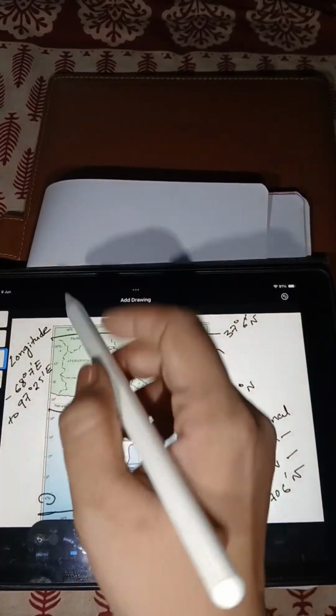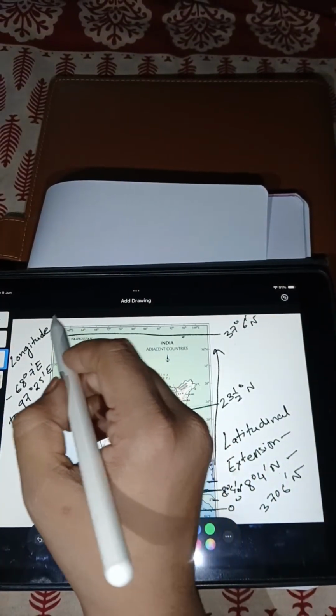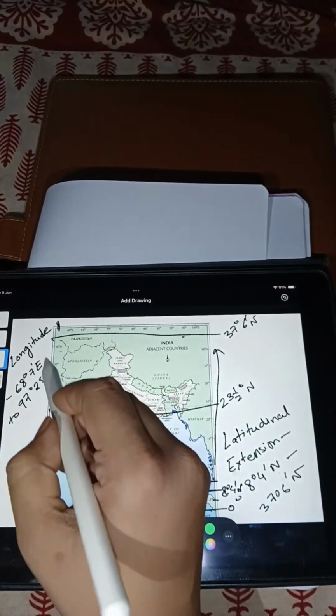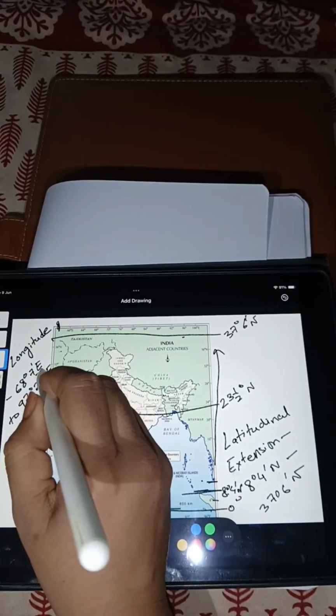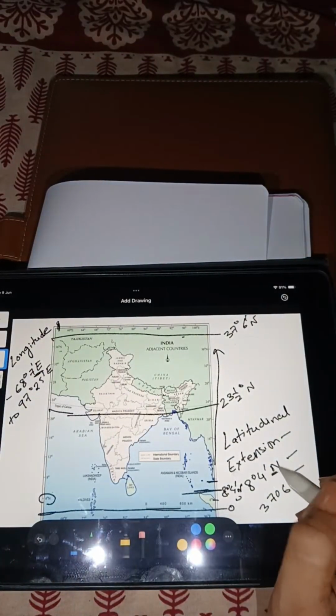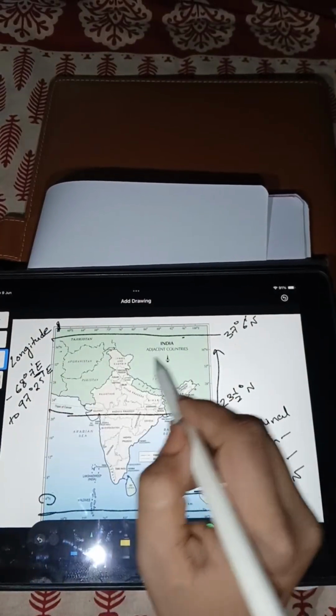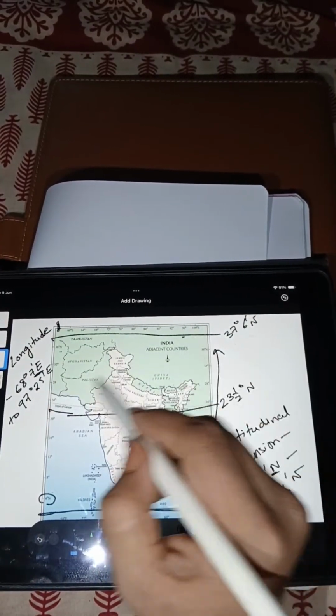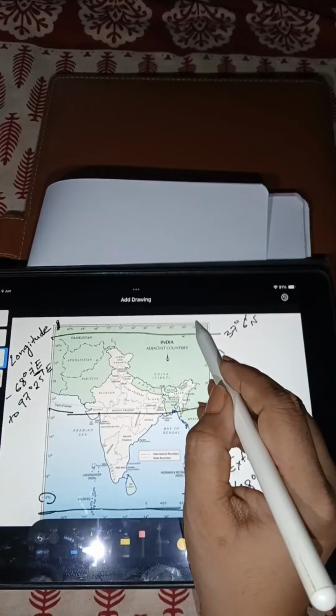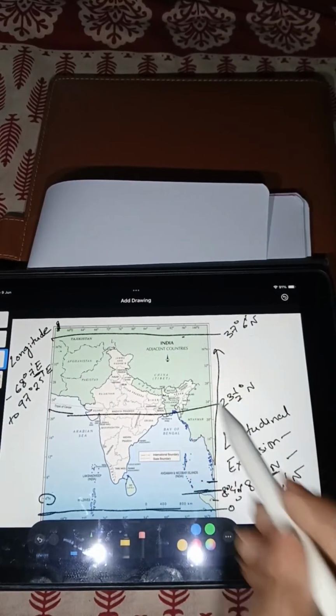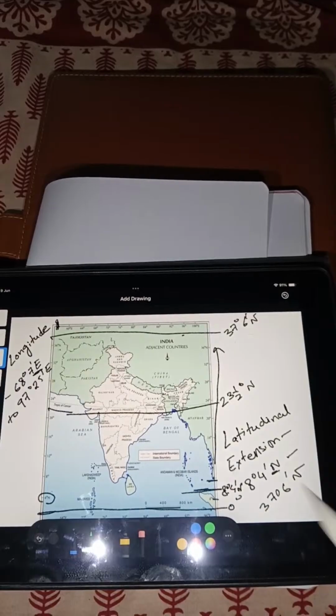So this is 68 degrees. From here, it is located in the eastern hemisphere and northern hemisphere. From here it extends up to 97 degree 25 minutes east.